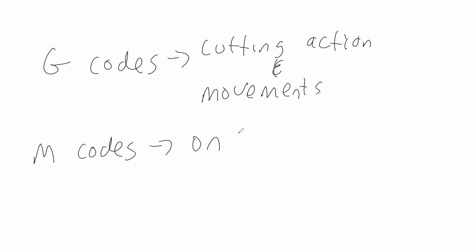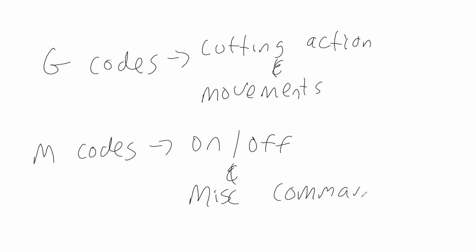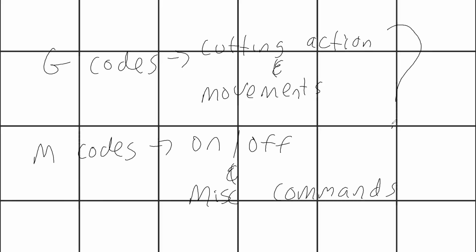Okay. On, off, and miscellaneous commands. Okay, so how do we use these within our program, and what do they mean for our program? That's the big question mark.